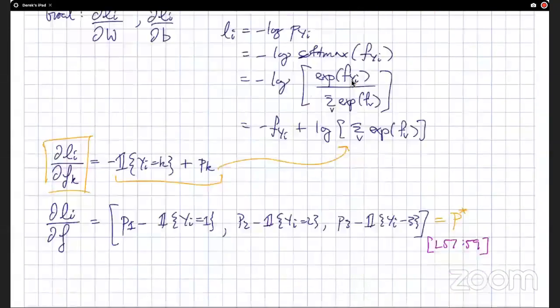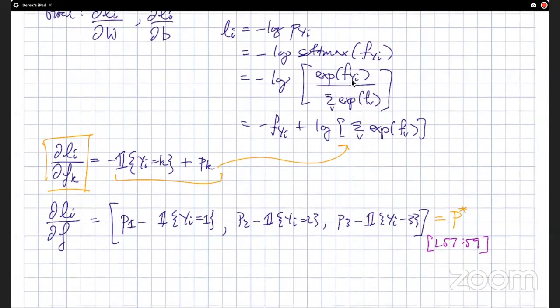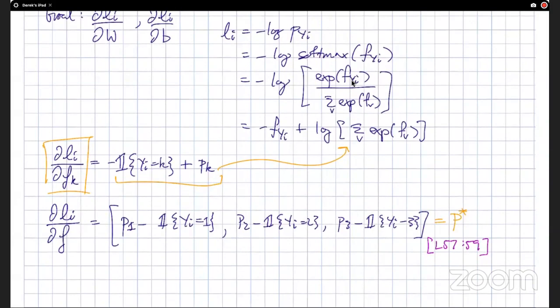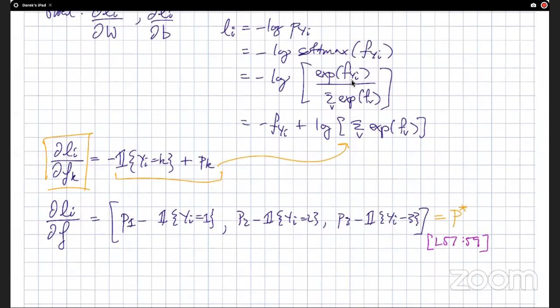So I'm looking at this one loss with respect to one data point, and I'm taking the derivatives with respect to f. Here I'm going to write this as P star, which is basically the P vector with this weird minus thing. If you look at the sample code, it corresponds to line 57 to 59. So far this is pretty standard. There's nothing too complicated about this.